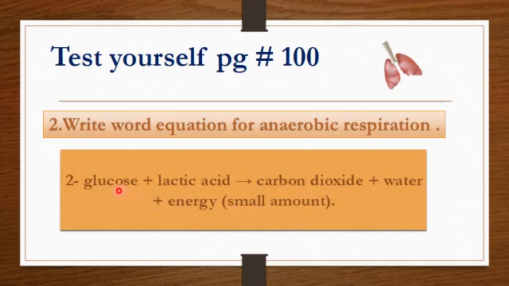So glucose without oxygen changes to lactic acid, and lactic acid is accumulated in the muscle cells, and when it is being utilized, it also gives carbon dioxide and water and a small amount of energy. That is anaerobic respiration.